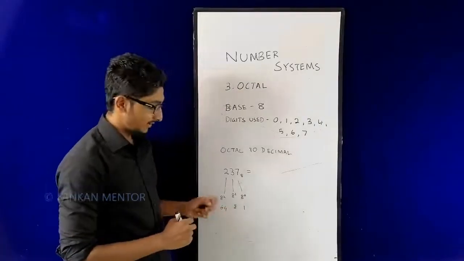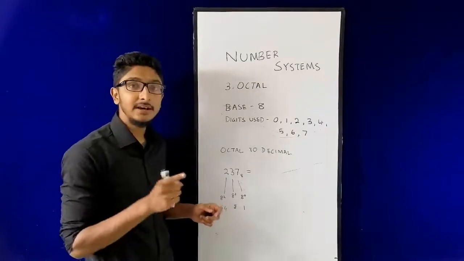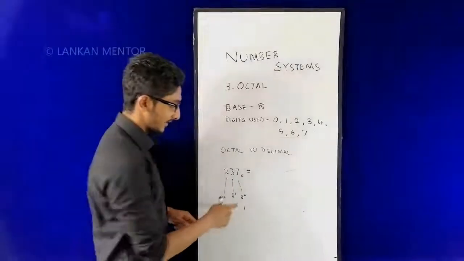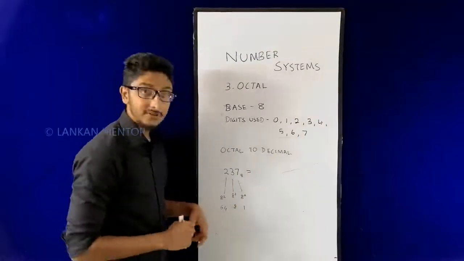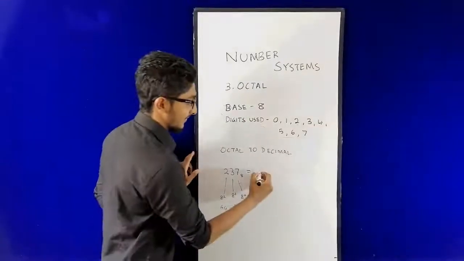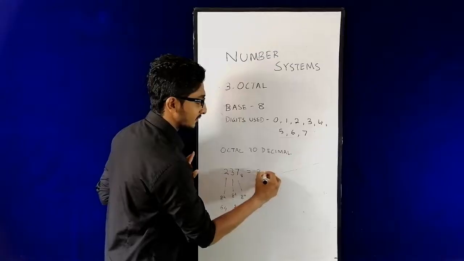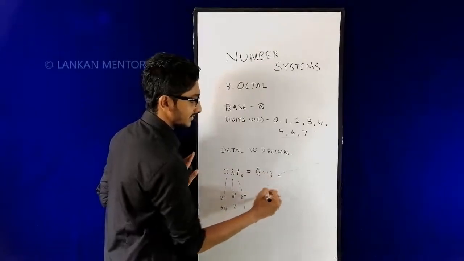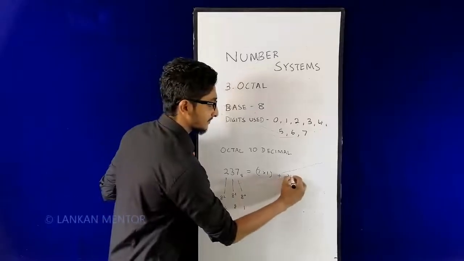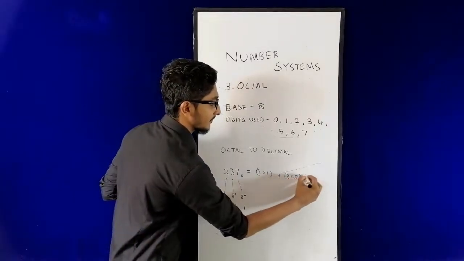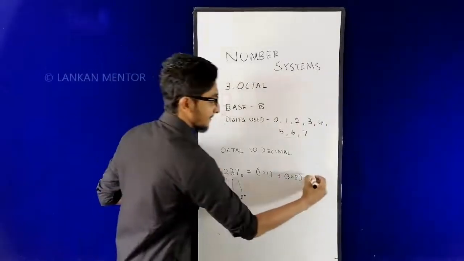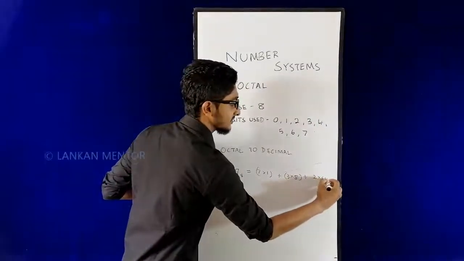64, right? 8 to the power 2 means 8 multiplied by 8. 8 into 8, 64. Okay, right. Now we know the values. We have 7 for 1. So 7 into 1 plus 3 into 8 plus 2 into 64.